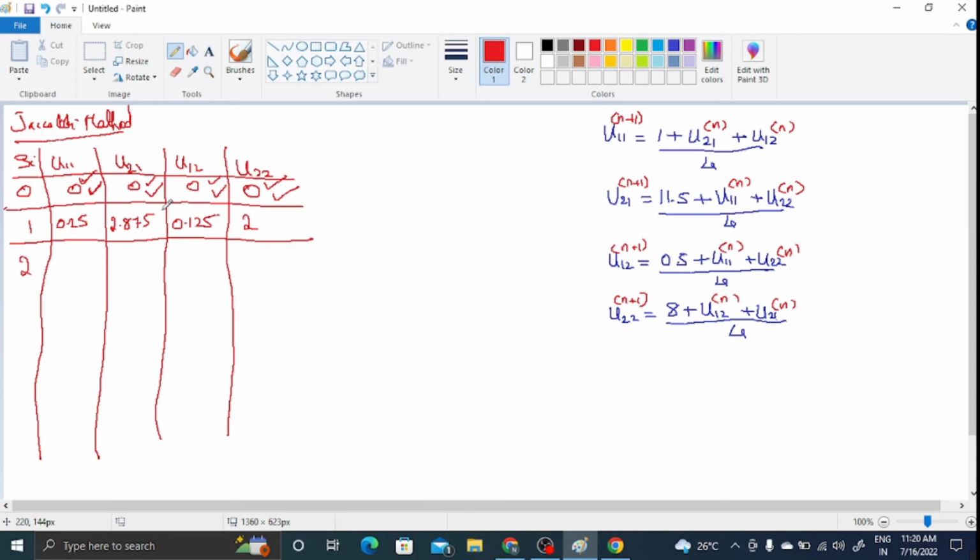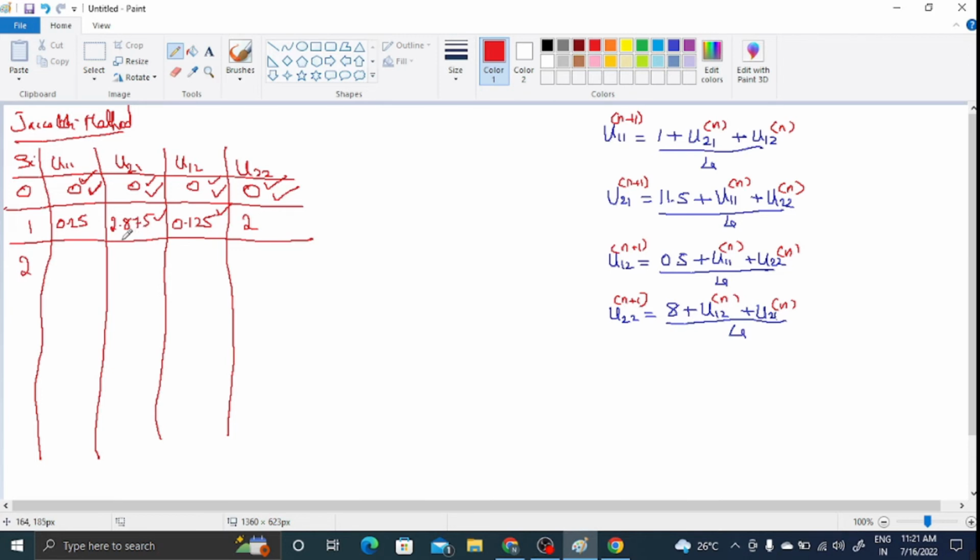We have to use 2.875 because we are finding the second row data, so we have to use the first row data. So 2.875 is U21. Similarly, plus U12. What is U12? 0.125. That one is the first row data. Now forget about the 0th row data, that one is over. Now we have to use the first row data to find the second row data.